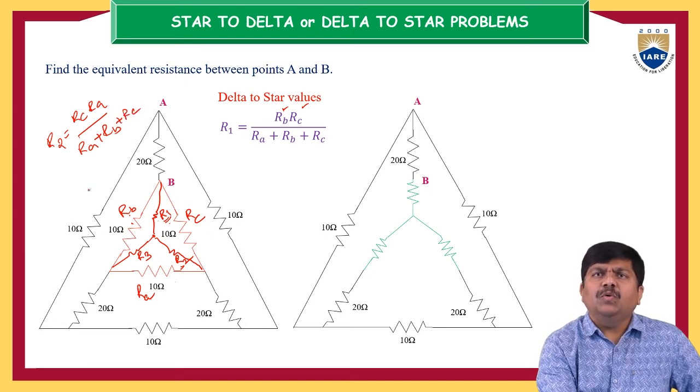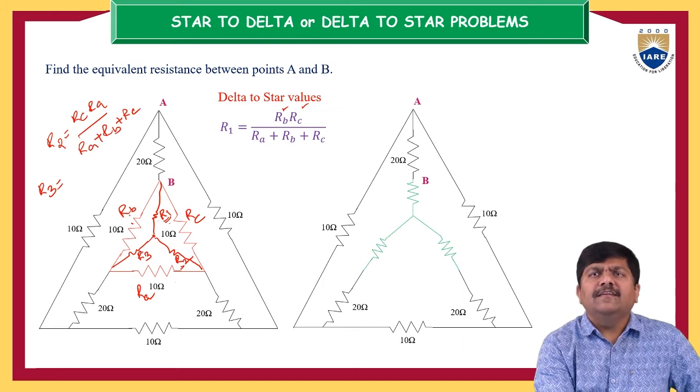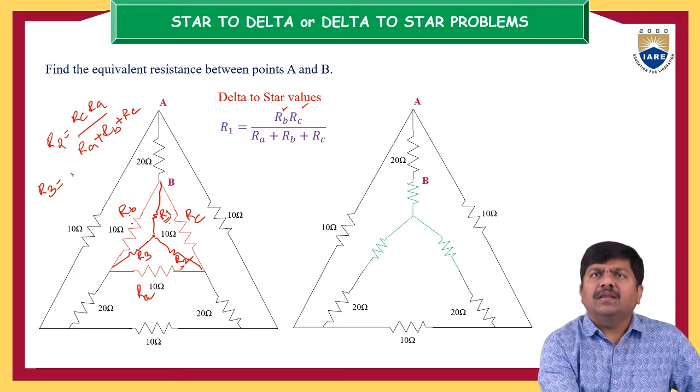Similarly R3 is found by eliminating RB and RA, so R3 is RA into RB divided by RA plus RB plus RC.